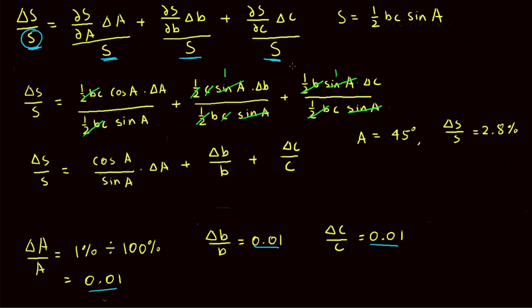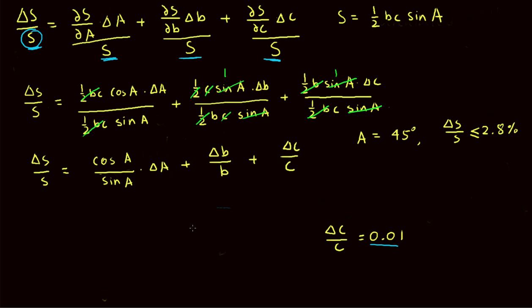Actually, it's not equal to, it's less than or equal to 2.8%. Hopefully this is clear. I'm going to have to erase this, by the way, this is quite distracting.